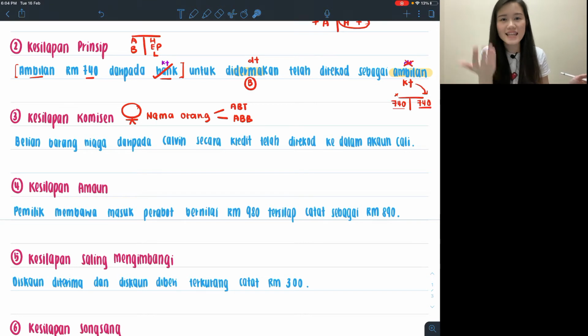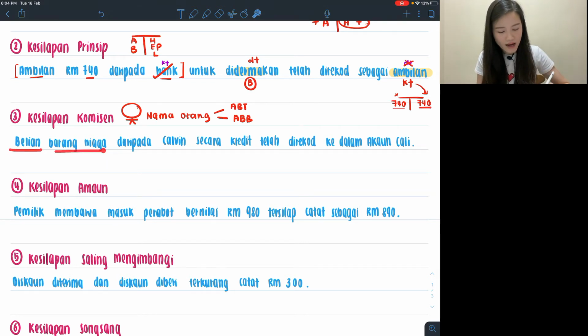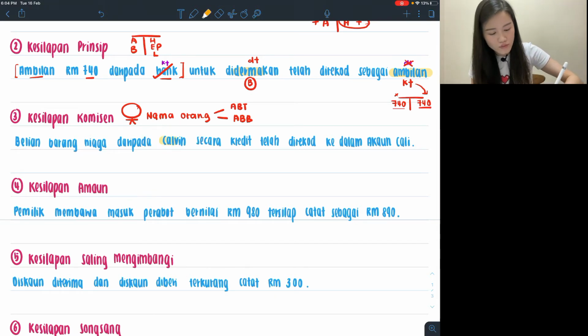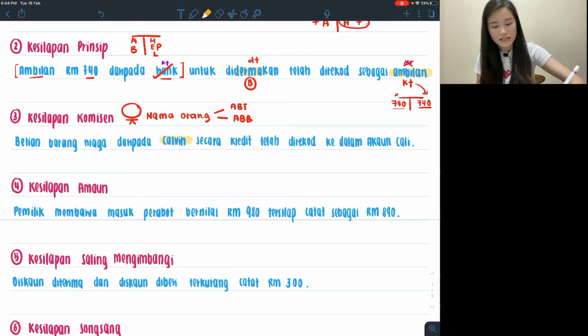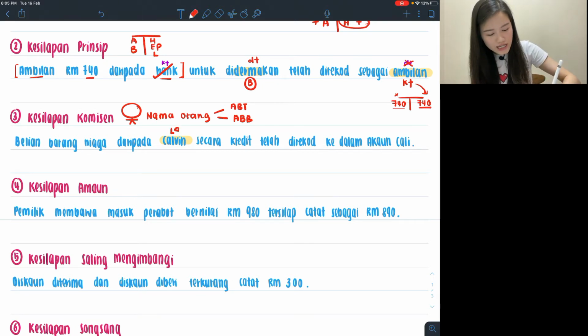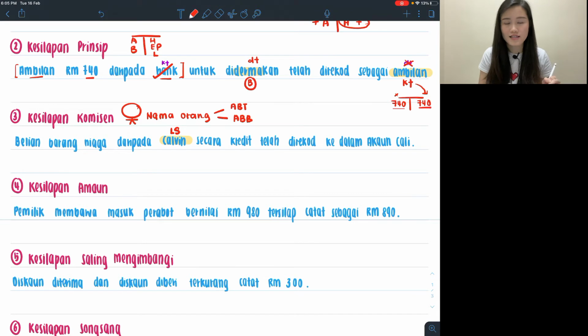But if it's selling, then customer account belum terima. So belian barang niaga daripada Kelvin. Do you see it? So it's supposed to be dealing with Kelvin. I buy from him, of course Kelvin's account, which means I owe to him, will increase. So Kelvin is actually a liability semasa because I belum bayar.